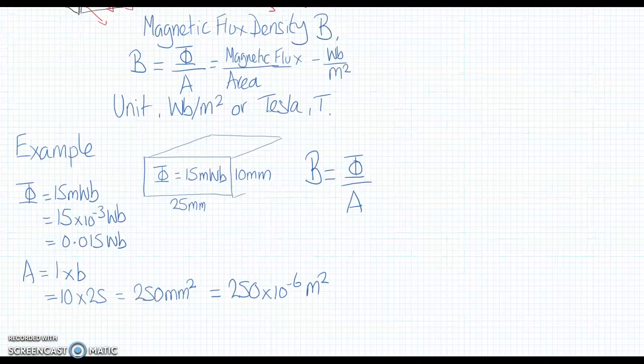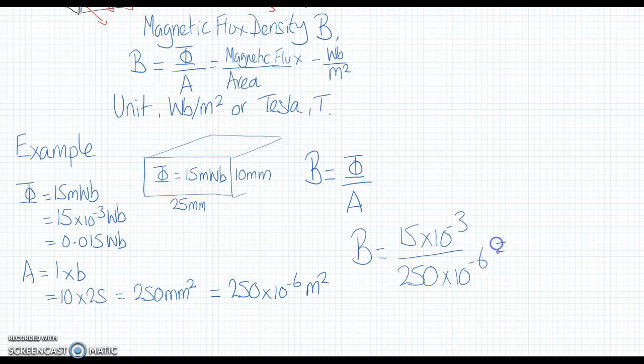Drop that into our formula now. So B is going to be 15 times 10 to the minus 3 over 250 times 10 to the minus 6. We can simplify that. Taking the minus 3 off the minus 6, that's going to be 15 over 250 times 10 to the minus 3.